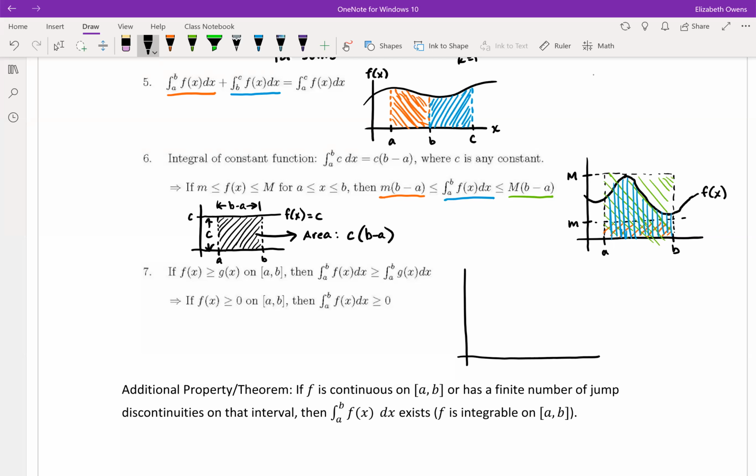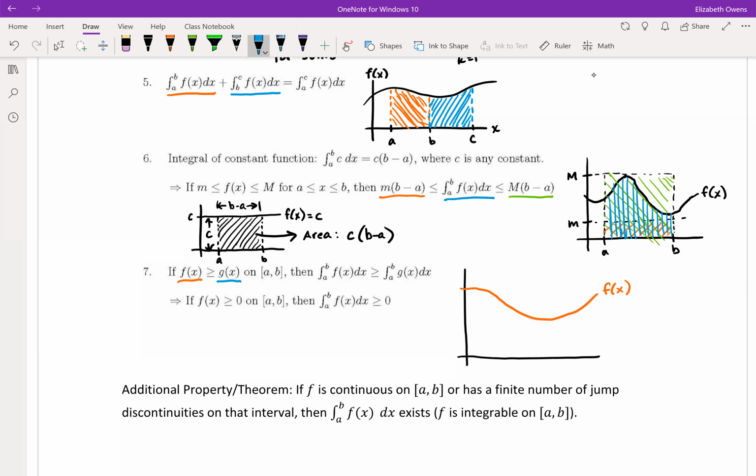Okay, so let's put in two different functions here. Let's say this guy will be f of x. I'll make that orange. And g of x will be blue.